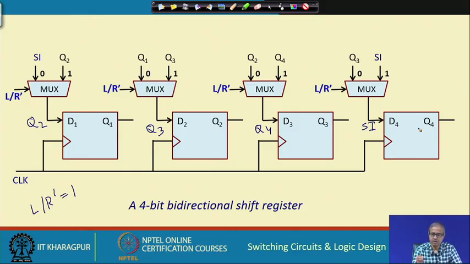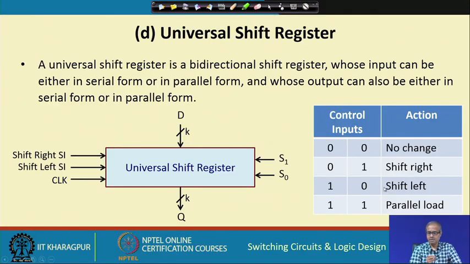So, this is how a bidirectional shift register can be designed. A normal register where the inputs to D1 are properly selected by using multiplexers under the control of this LR bar. Okay. Now, the last kind of shift register that we talk about today in this lecture is a universal shift register.